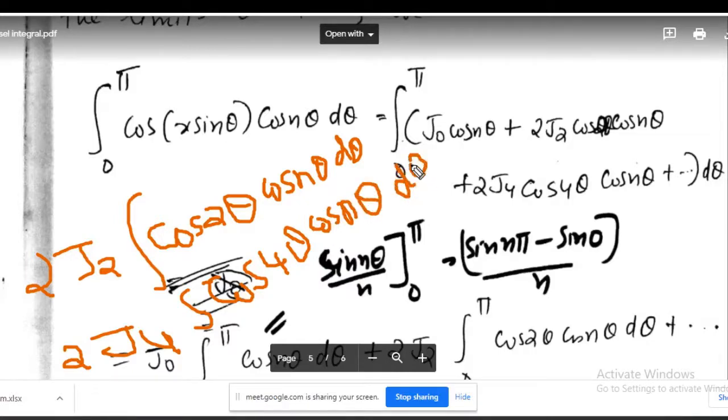It goes on like that. Now what about the value of integral cos 2 theta cos n theta, or cos 4 theta cos n theta?